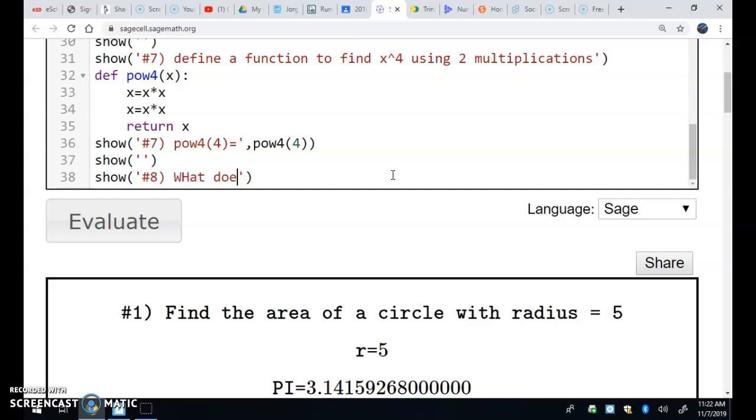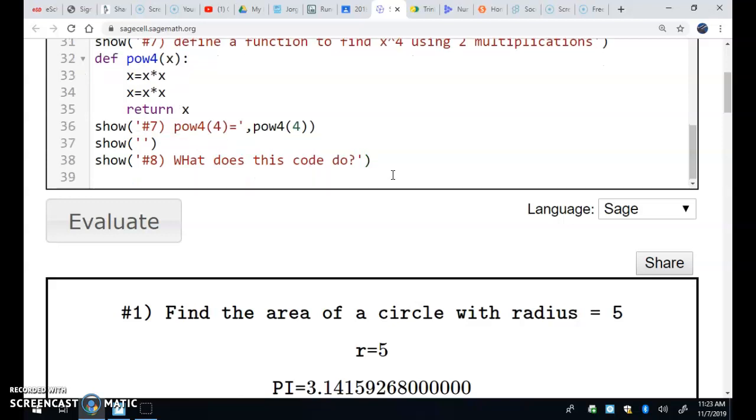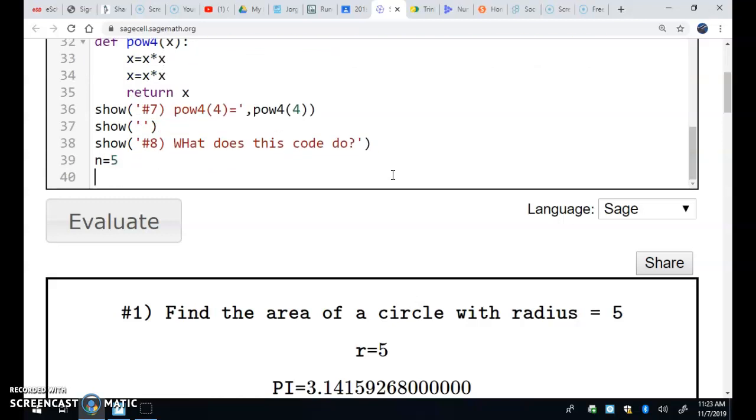What does this code do? All right, so it's one of those again. So what they did was they initialized the variable n to the integer 5. Then they initialized the string s to the string plus sign, or any single character, I suppose, times n.